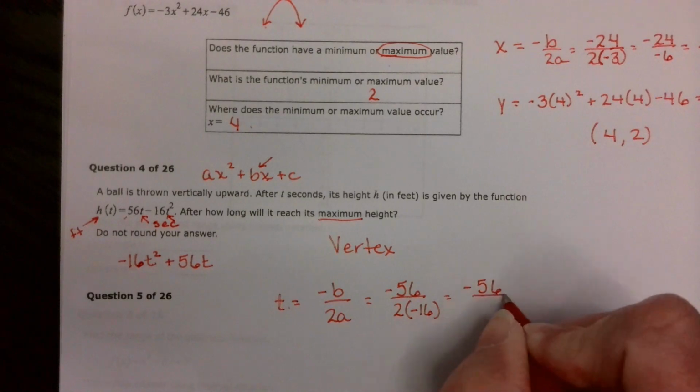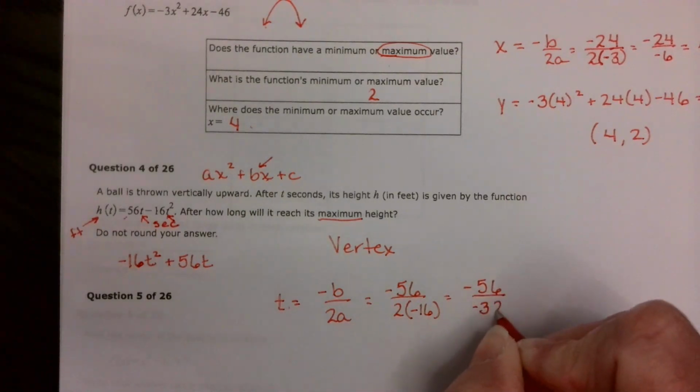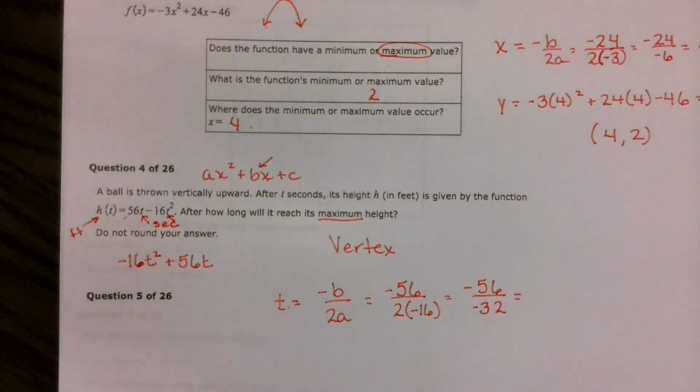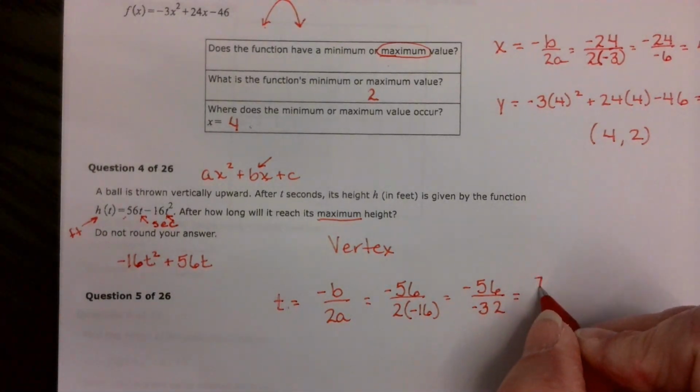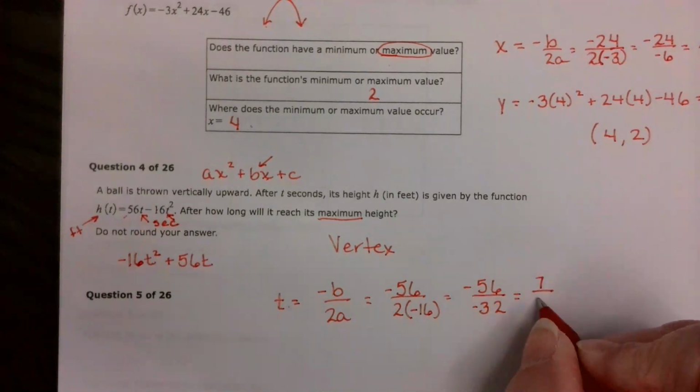Negative 56 divided by negative 32. That's going to give us a positive. Okay, and 8 goes into both of them, so 8 is going to go into 56 7 times and into 32 4 times.